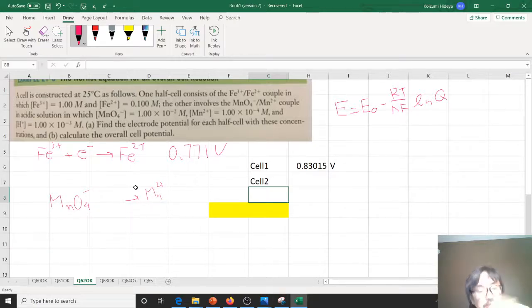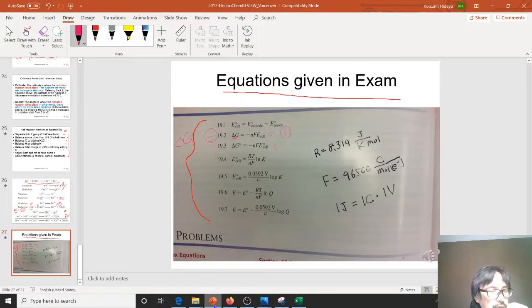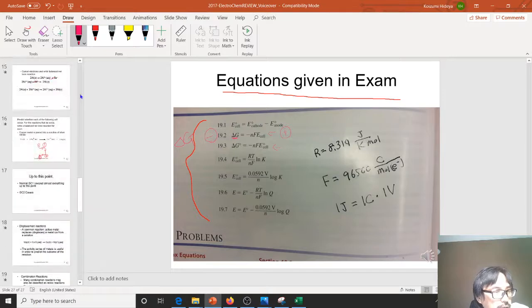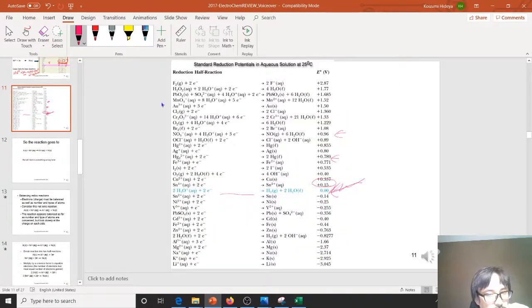So we can use the table here. You can balance it by yourself, but I'm just too lazy. It's this one right here.